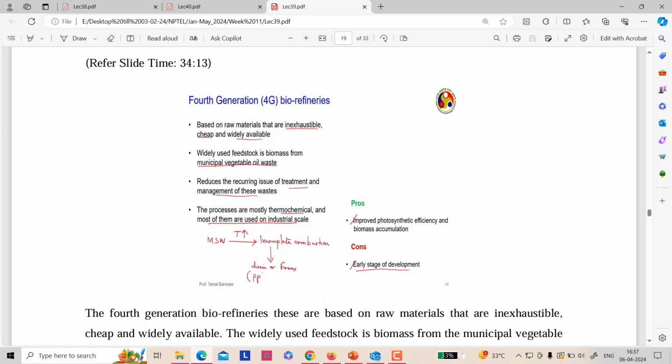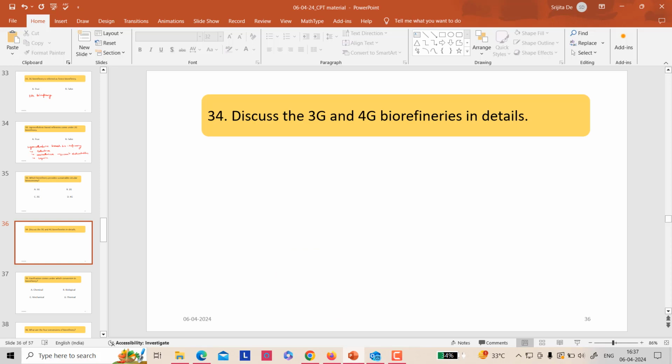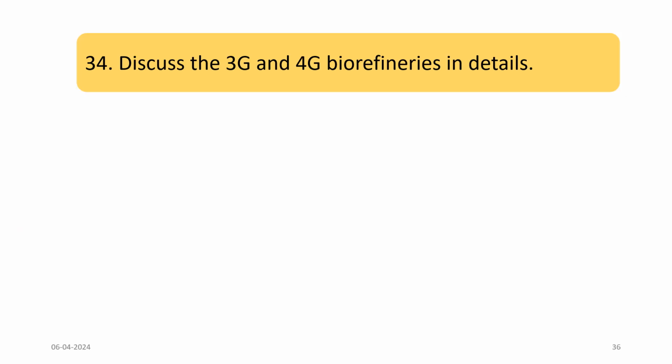So it needs early stage development because if we heat the MSW, that will lead to another air pollution, right? So we have to manage there how to use that. So these are the examples or explanation for the 3G and 4G biorefineries.